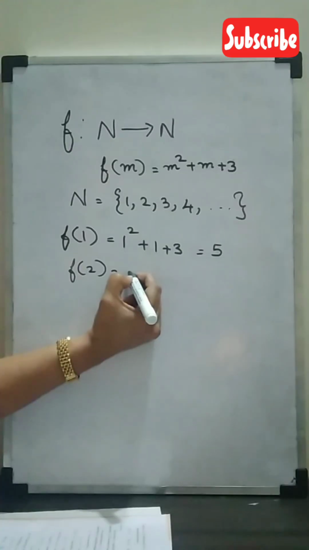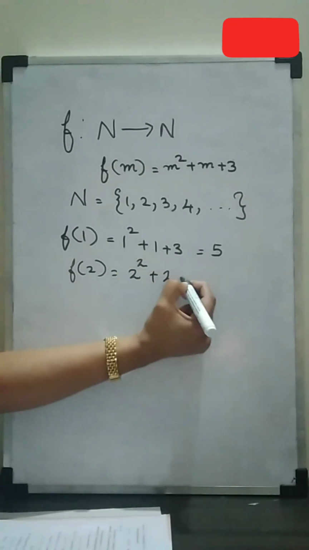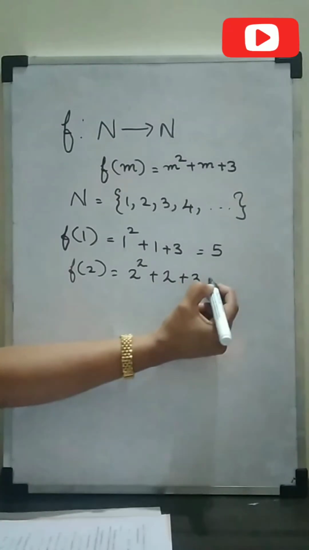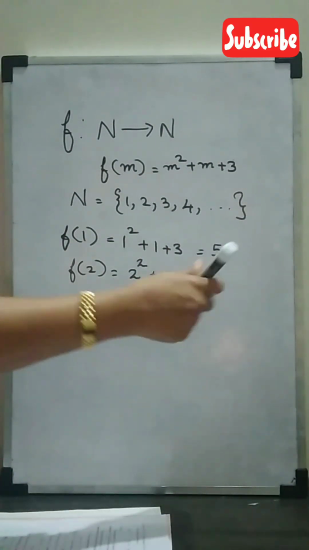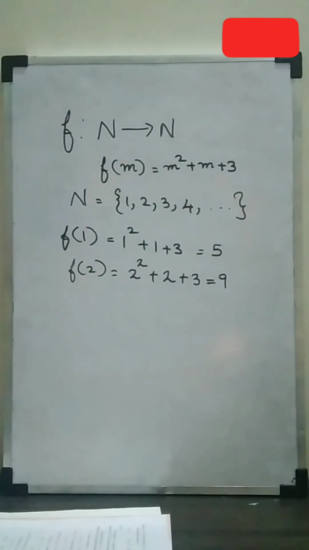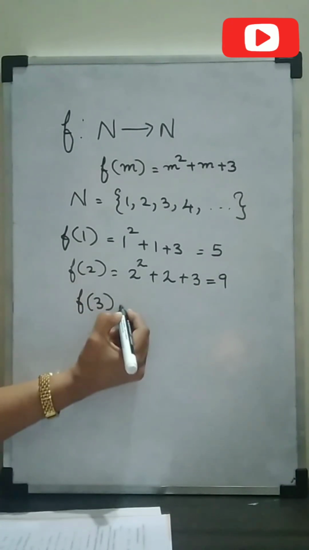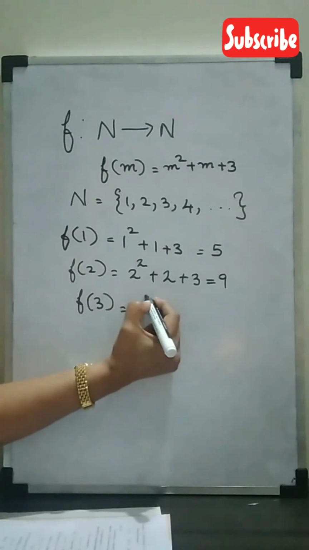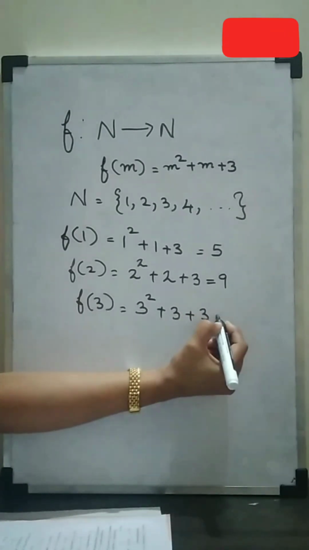f of 2 is equal to 2 square plus 2 plus 3. அது எவ்வளவு வரும்? 2 square 4, 6, 9. Okay. f of 2 is 9. Now next one, f of 3 is equal to 3 square plus 3 plus 3.